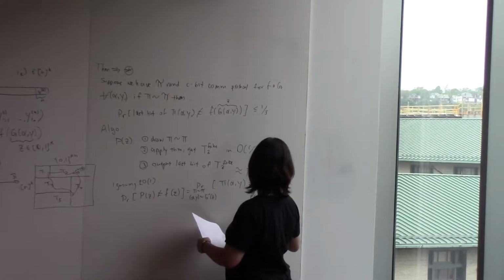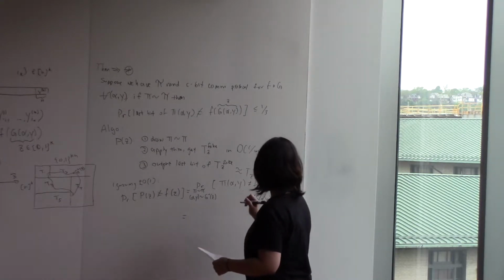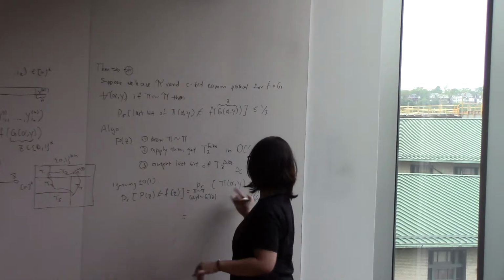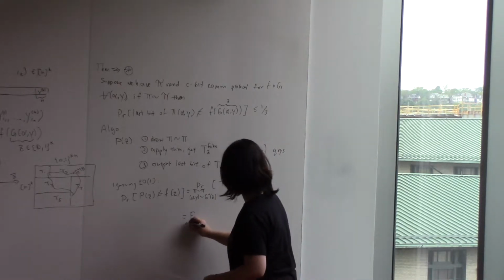F, G. So I'm just writing what this is computing, and now I bring out the expectation on alpha y.